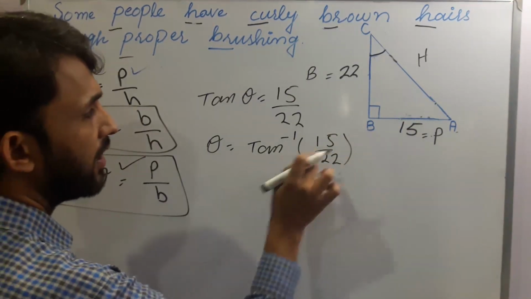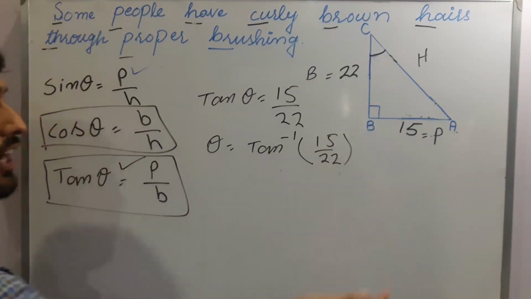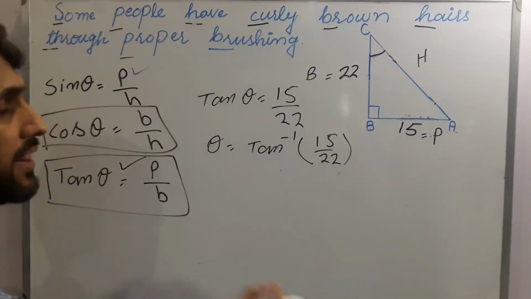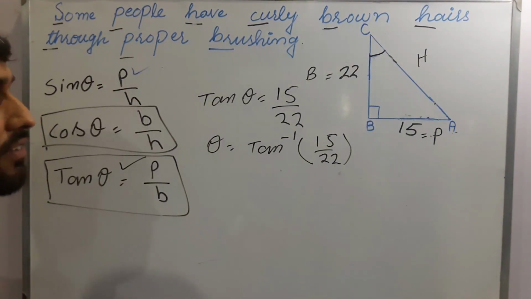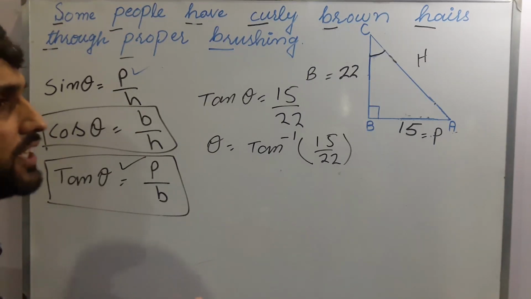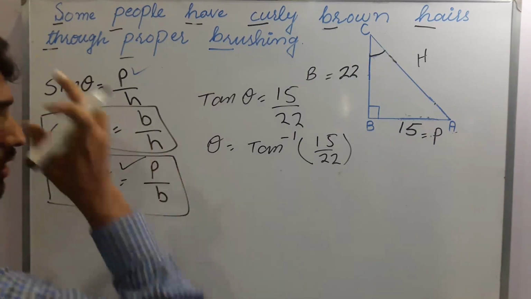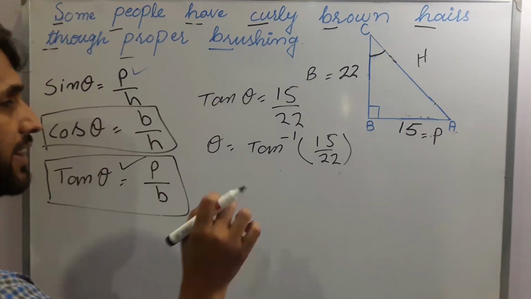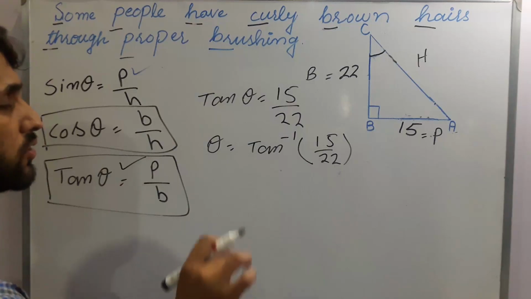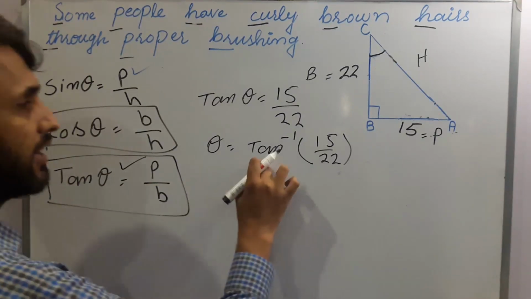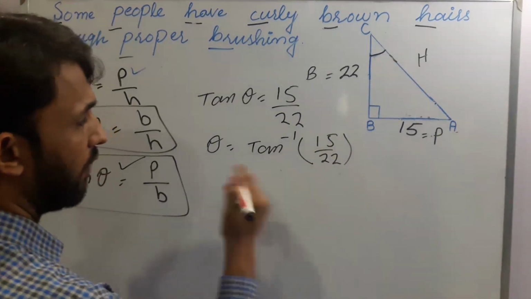You can find it: first you will divide 15 by 22 with the calculator, and then how you will find tan inverse? You will press the shift button, which is on the extreme left of the calculator on the top side. Okay, you will press shift and then you will press tan. So this will display your tan inverse, and then you will put in the value.